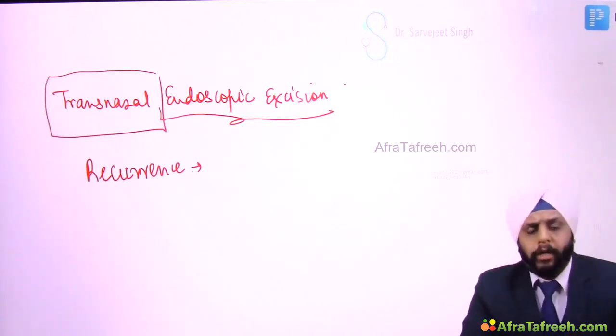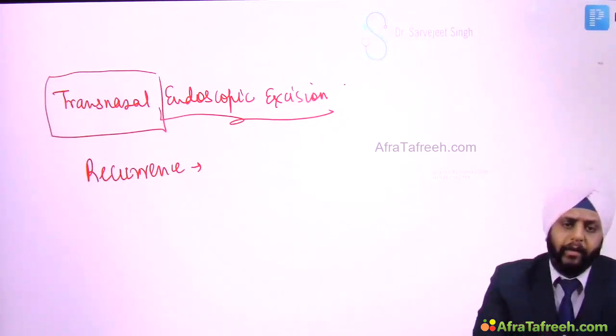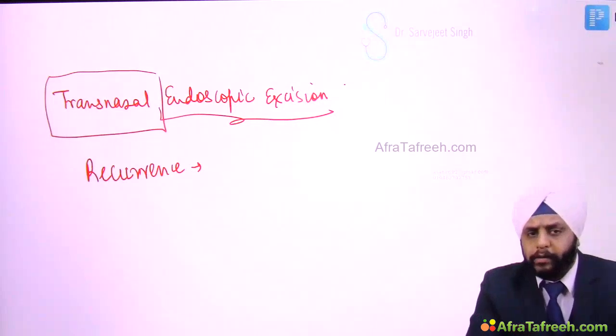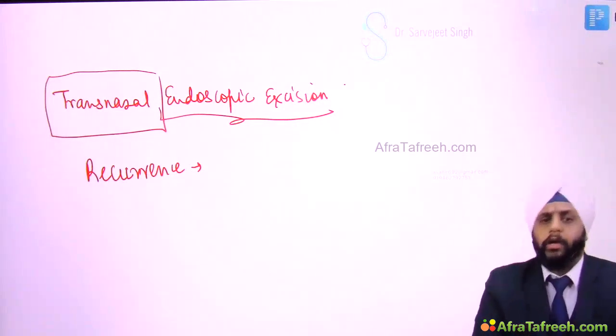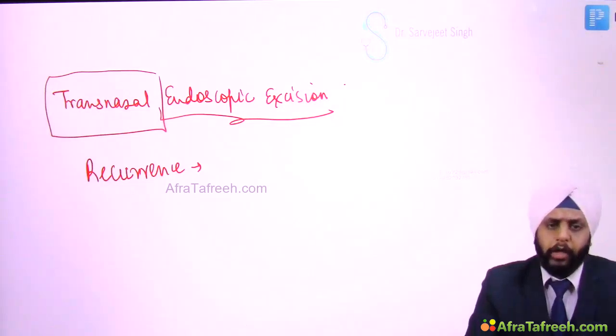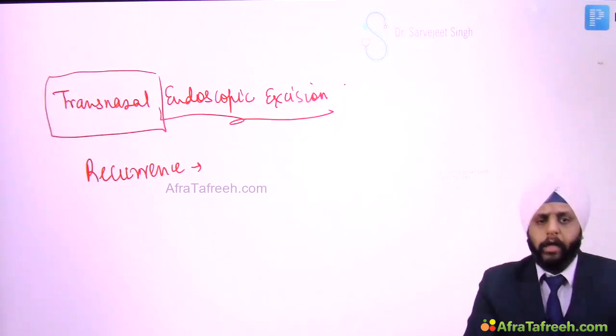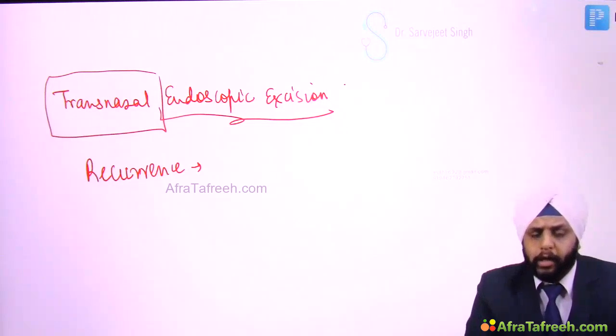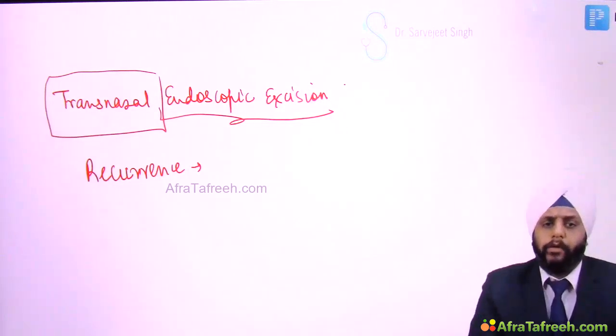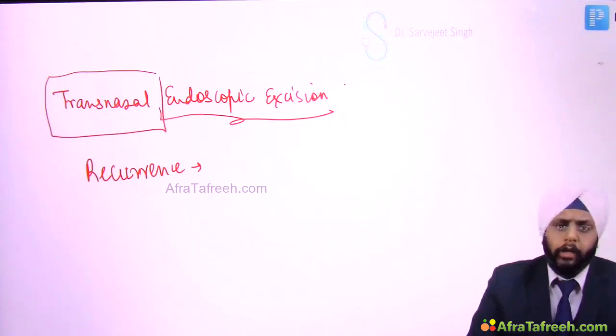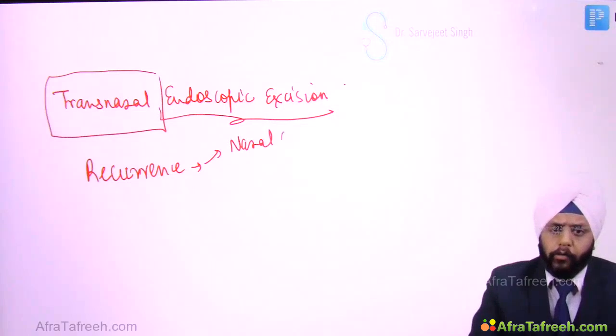It was very common earlier. Why? Because we could not see inside the nasal cavity. We did not have the CT scan. We did not know in which cavities it has grown. So recurrence was very common earlier. And the old book says that the recurrence will depend upon the type of surgery done. So if you do just the surgery in the nasal cavity, of course the recurrence rate will be very, very high, almost up to 60%.